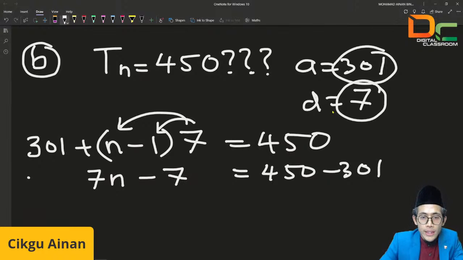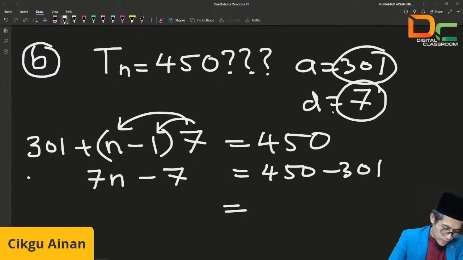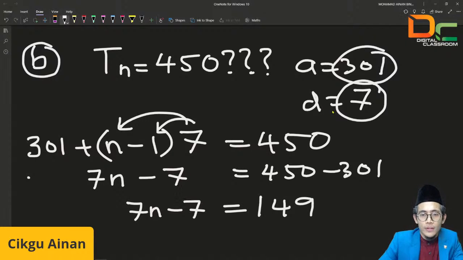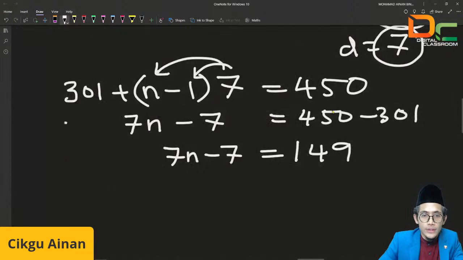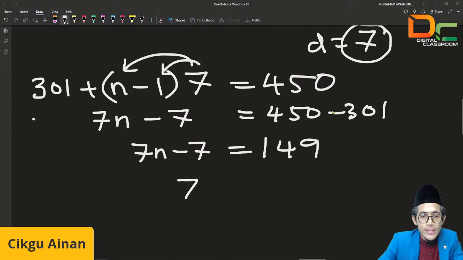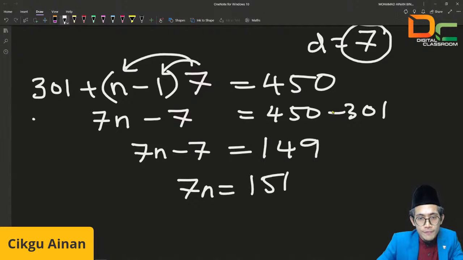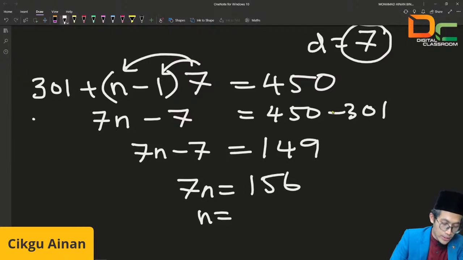Okay, and then this one 450 minus 301, 149. Okay, 7n minus 7. Okay, and then scroll further, sorry. Okay, and then 7n equals tambahlah plus 7, 156, and then n is divide lah by 7.